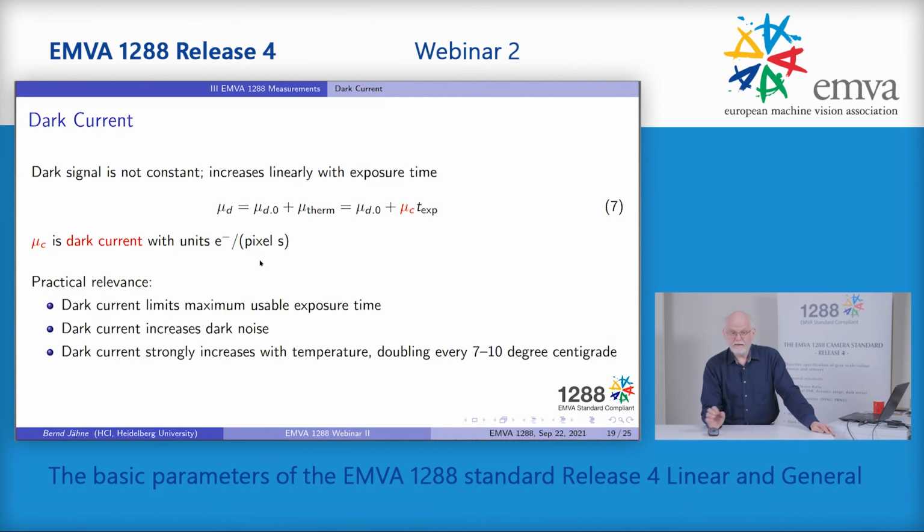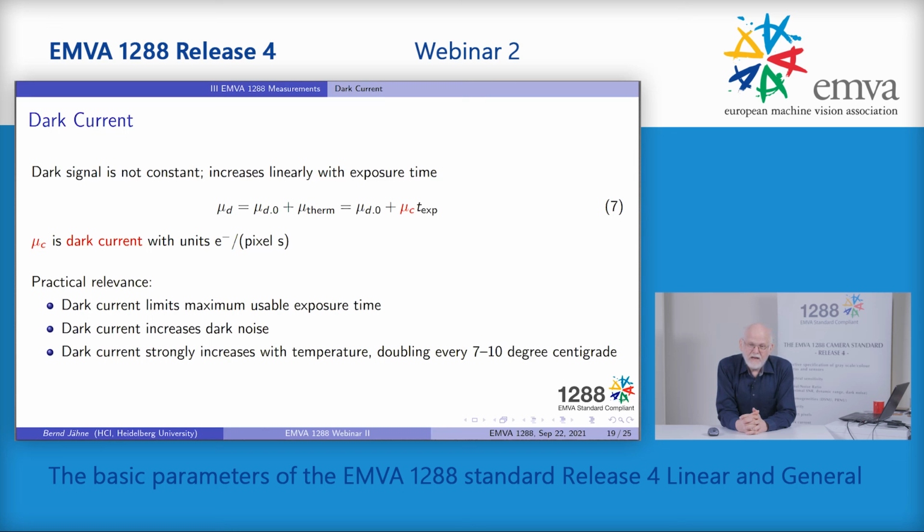The practical relevance of this is that the dark current basically limits the maximum usable exposure time, because if you have a large exposure time, you can simply saturate the sensor without any photons just by the dark current. The dark current, of course, if you do not get so far, also increases the dark noise. And that is also of importance.